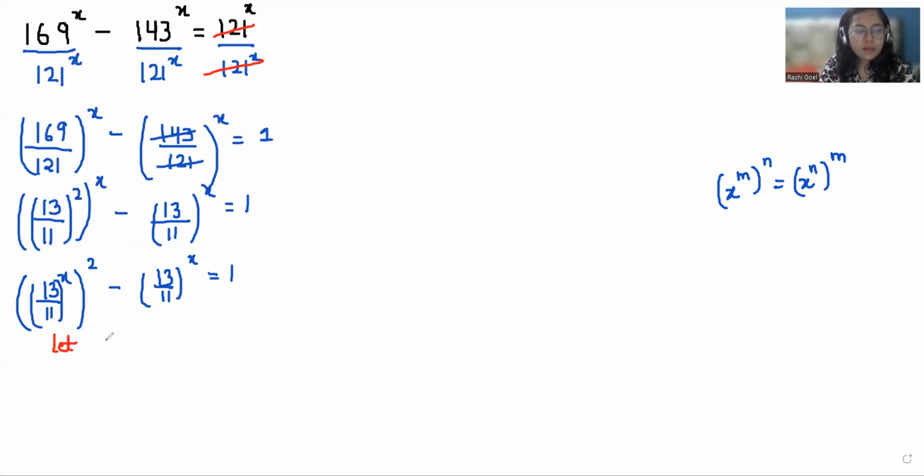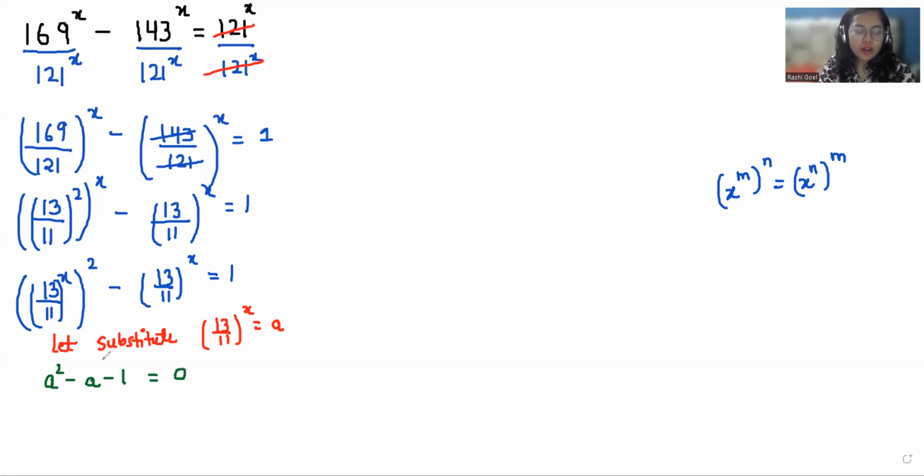So let (13/11)^x be equal to a. So we can write it as a^2 minus a. We take this positive 1 to this side, this becomes minus 1 is equal to 0.